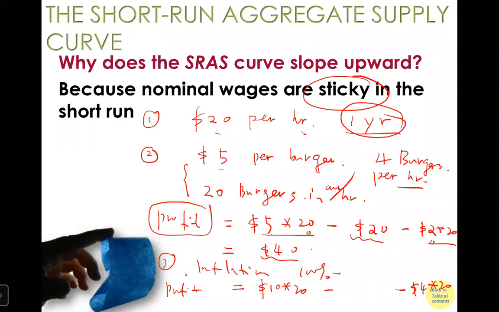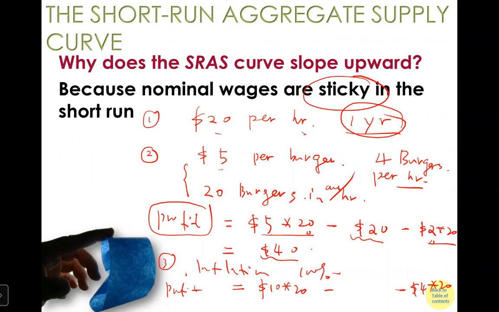Now the interesting part is the wage. As I said, the nominal wage is sticky, meaning in the short run, regardless of what happens, the wage rate will be fixed. This is what we agreed on as the employee and the employer.